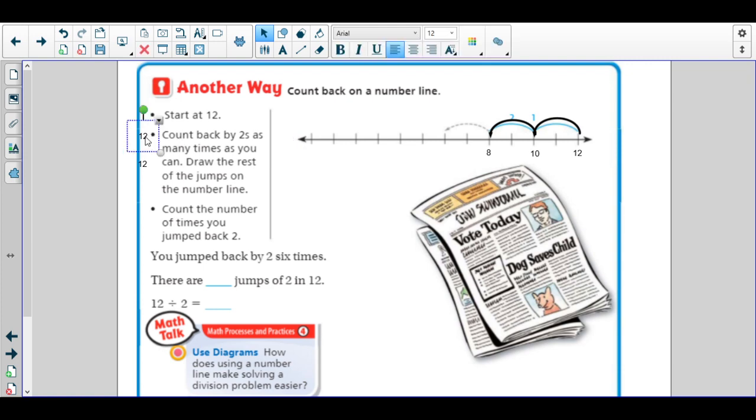And then we'll make another jump from here to here. And that is going to get us to 6.